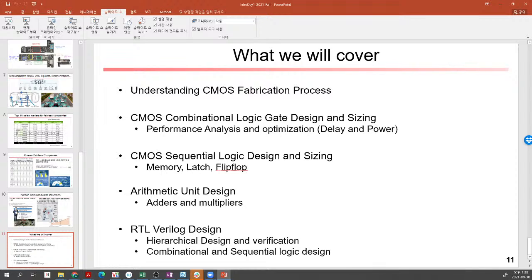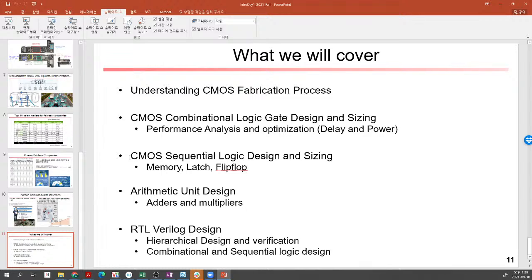We will do some performance analysis and optimization in terms of delay and power. And then we will move on to sequential logic design, which deals with memory elements like memory itself, and also latches or flip-flops.